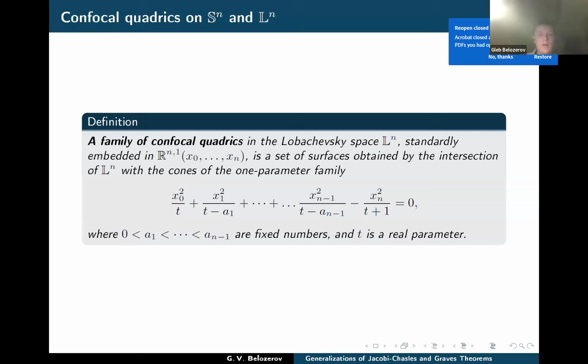A family of confocal quadrics in the Lobachevsky space L^n, standardly embedded in R^(n,1), is a set of surfaces obtained by the intersection of the Lobachevsky space with the cones of the one-parameter family, which is given by the following formula. Here, a_1, ..., a_(n-1) are fixed numbers, and t is a real parameter.